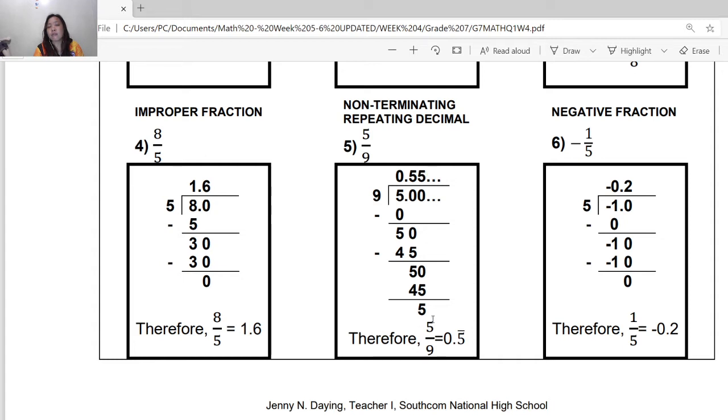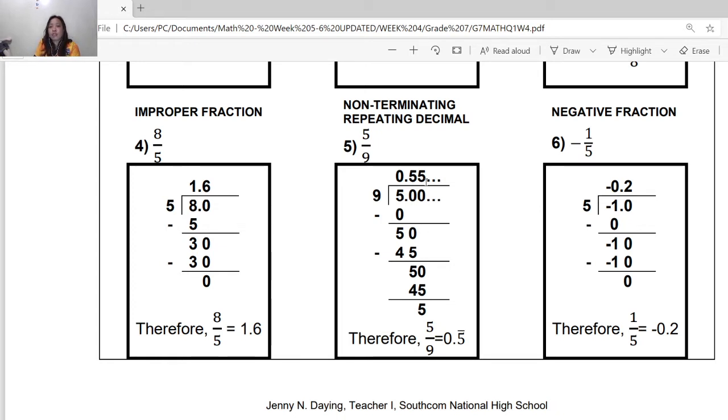Then this is 45 again, so subtracting, then it is repeating. If you continue by adding 0 here, it will just be 5, 5, 5, 5, 5, 5, 5, 5, and so on. So therefore, it is non-terminating but repeating decimal.